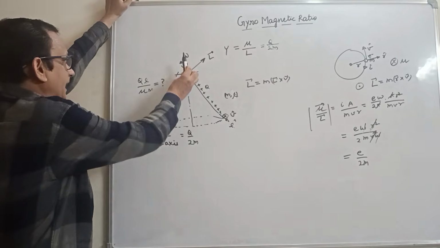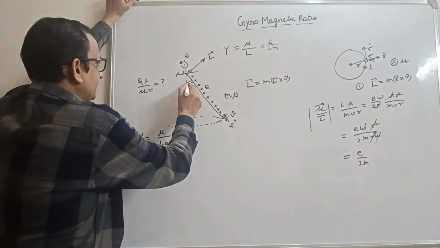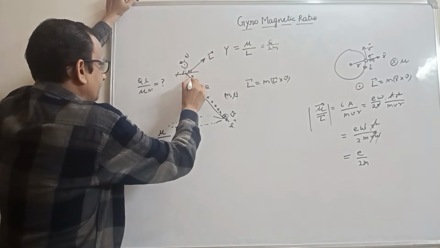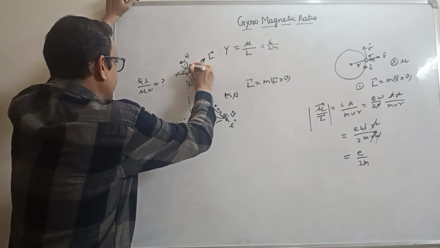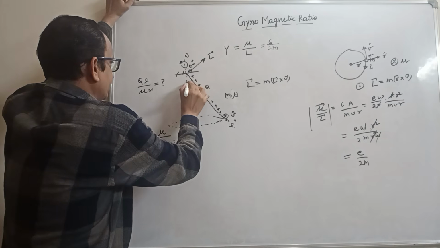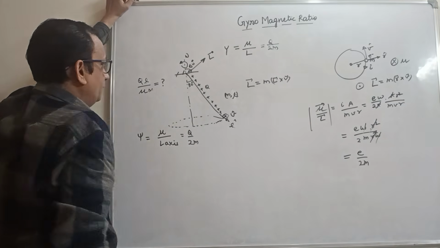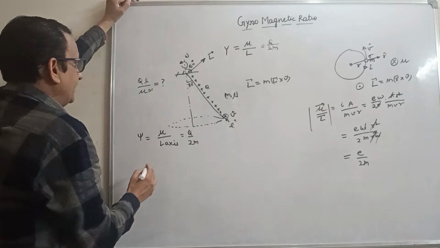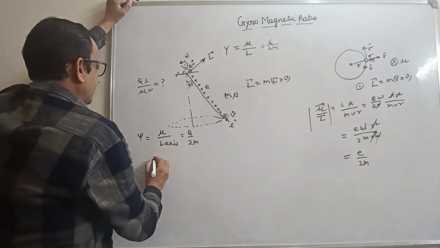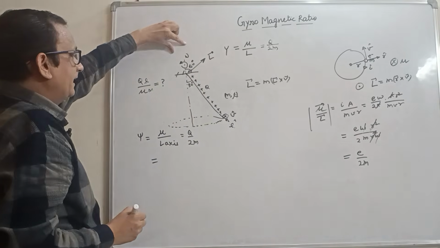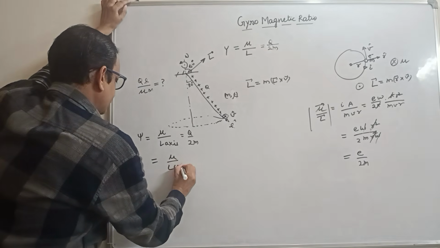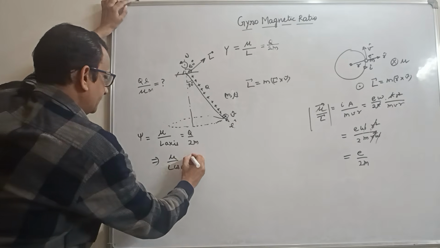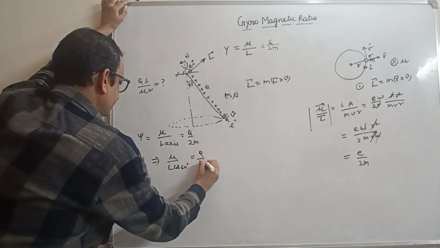So for the axial component, this angle is 30, this angle is 90, so this angle would be 60 degrees. So the component in the axial direction would be L cos 60 degrees. This becomes Q by 2m.